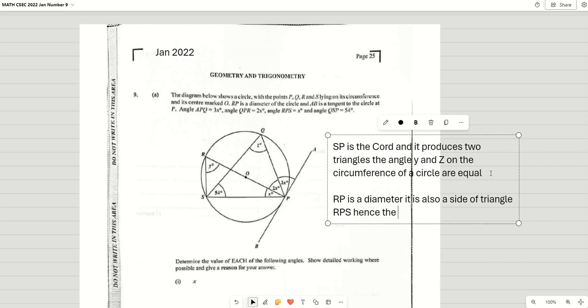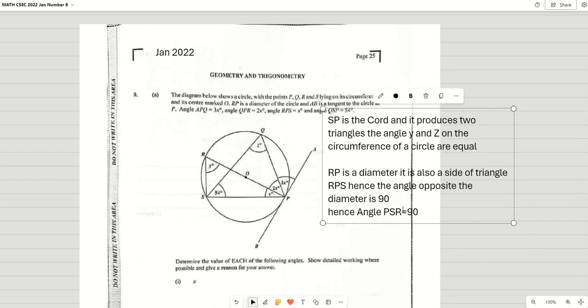Hence, the angle opposite the diameter is 90 degrees. Hence, angle PSR is equal to 90 degrees. So that's two rules so far that we have from the information that is given.